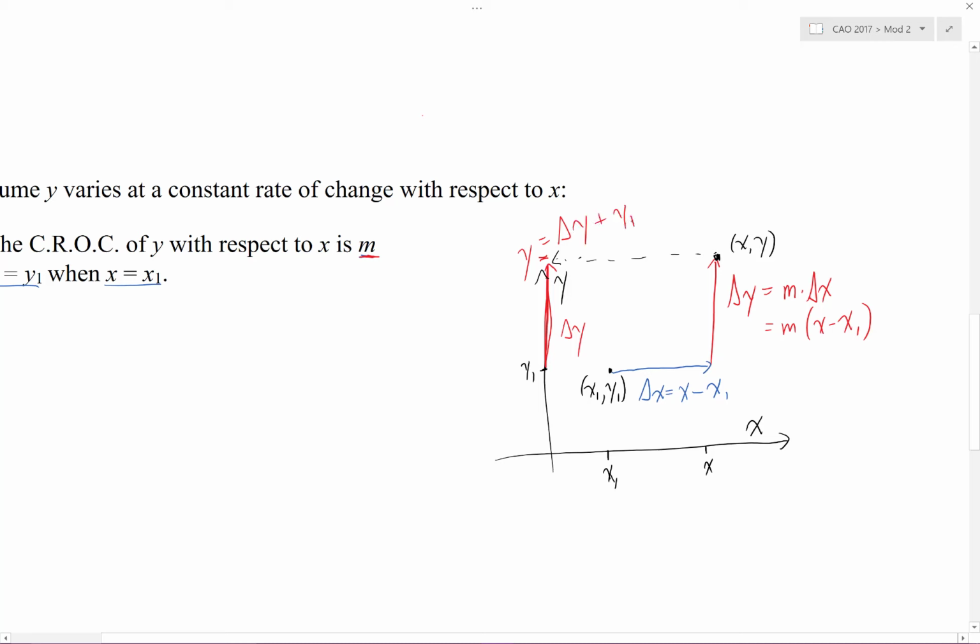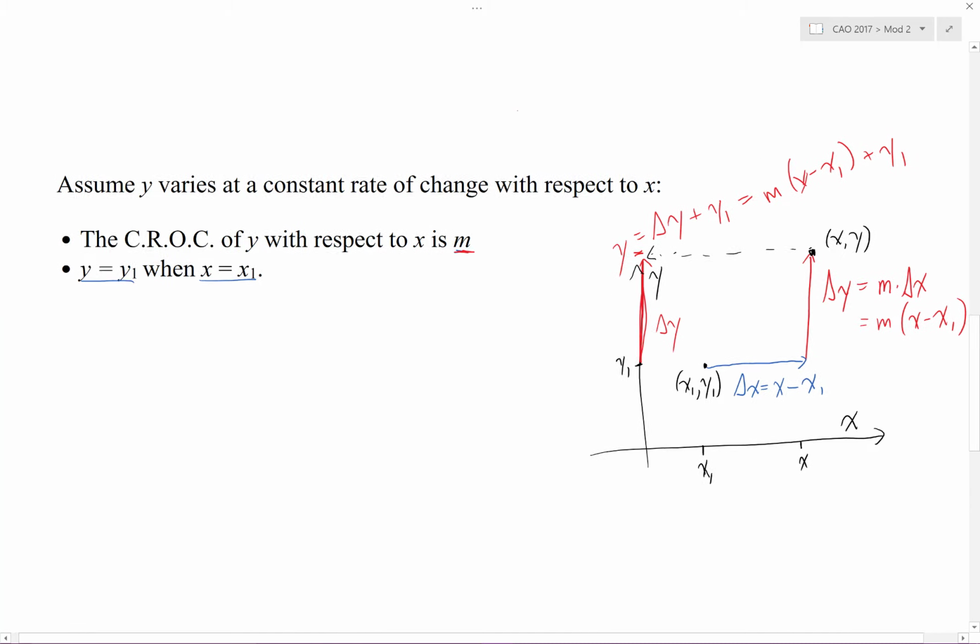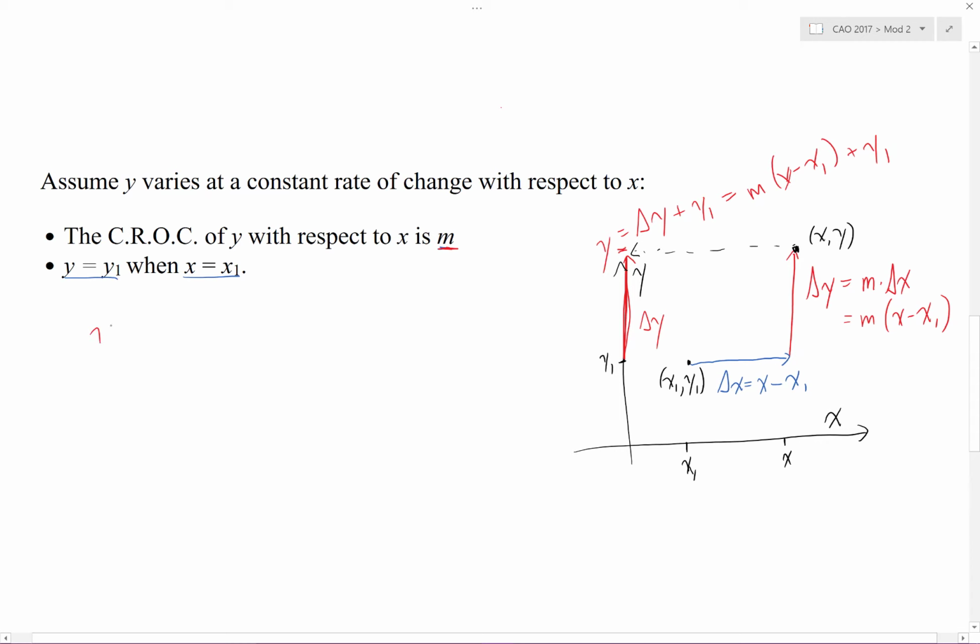So our change in y plus y1. And we know that our change in y is equal to m times x minus x1, and then we add on our initial value of y. So if we rewrite this, this tells us that y is equal to m times x minus x1 plus y1.